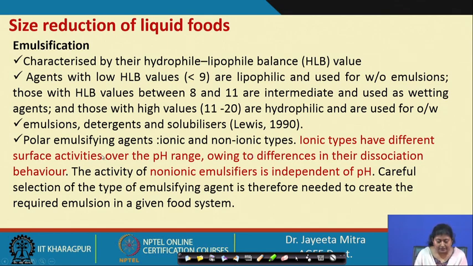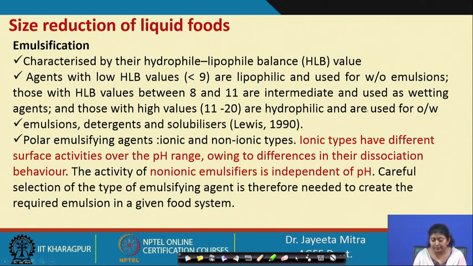So, these emulsifying agents that we use may have low HLB value or high HLB value. Agents with a low hydrophile and lipophile balance value, when it is less than 9, are lipophilic and used for water in oil emulsion. Water in oil emulsion, just for example, butter or margarine.